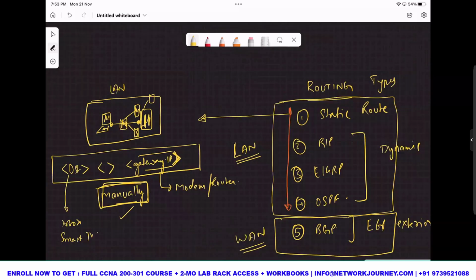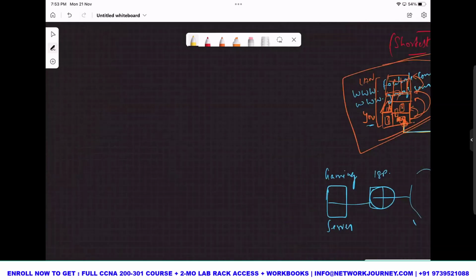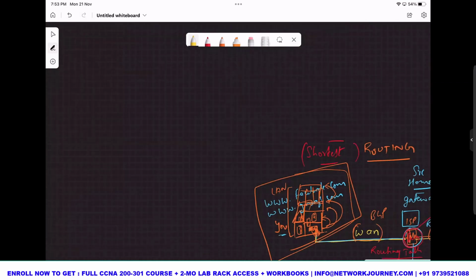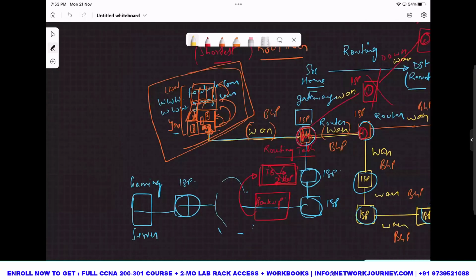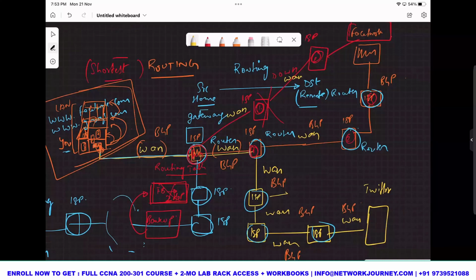Let's assume this ISP has its own LAN infrastructure in the backend. Employees are logging in and out, and lots of internal portals are used. You cannot think of writing manual static rules, because then you have to put the routes in all the devices.